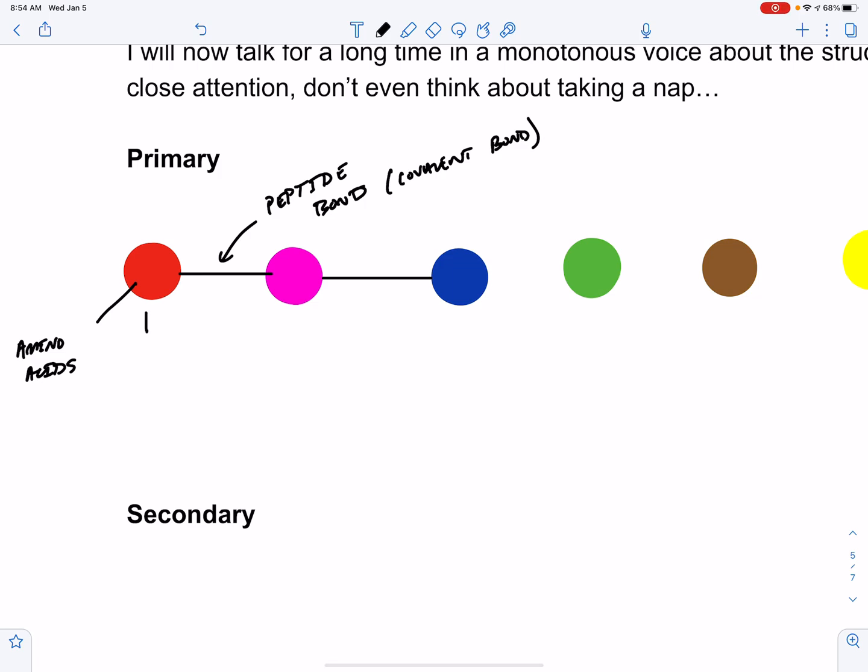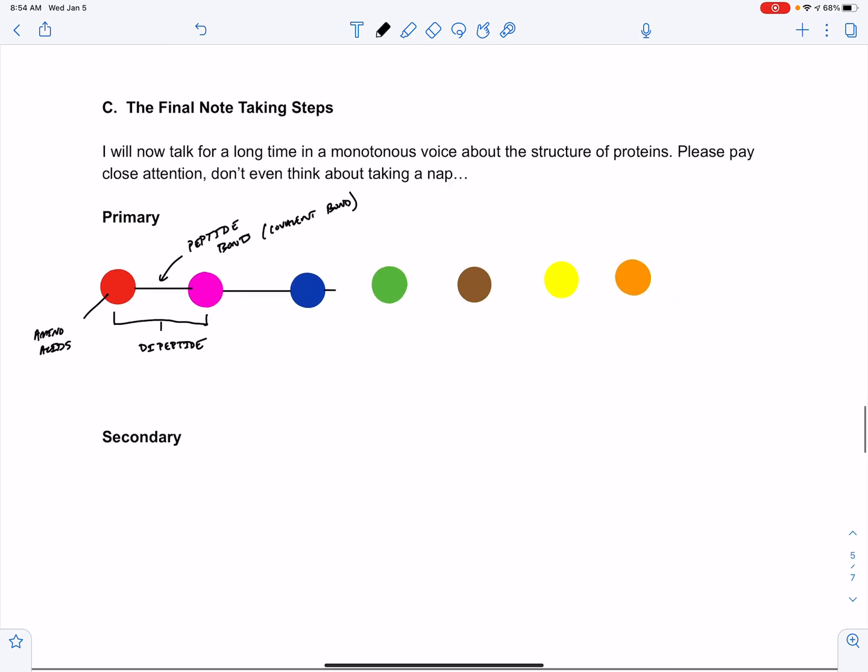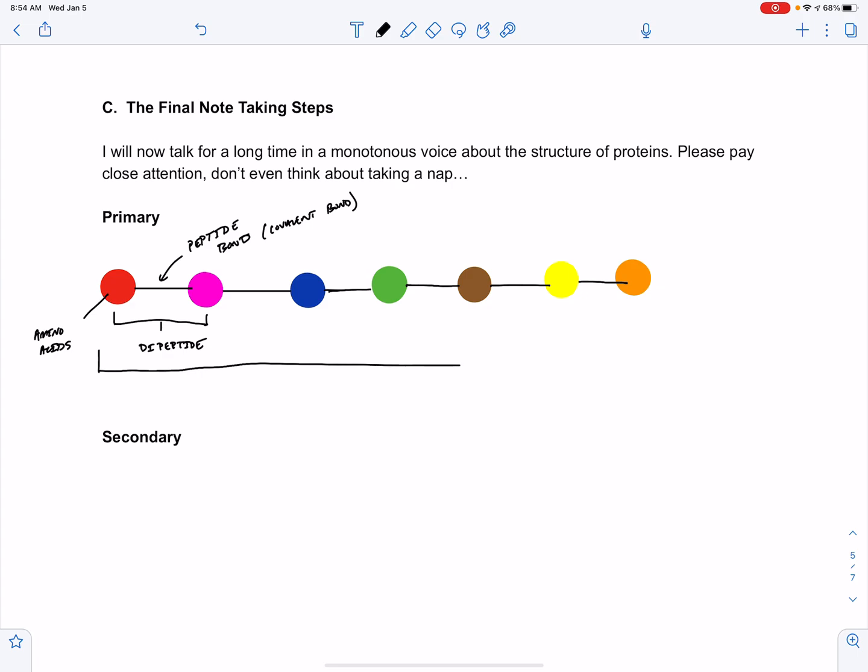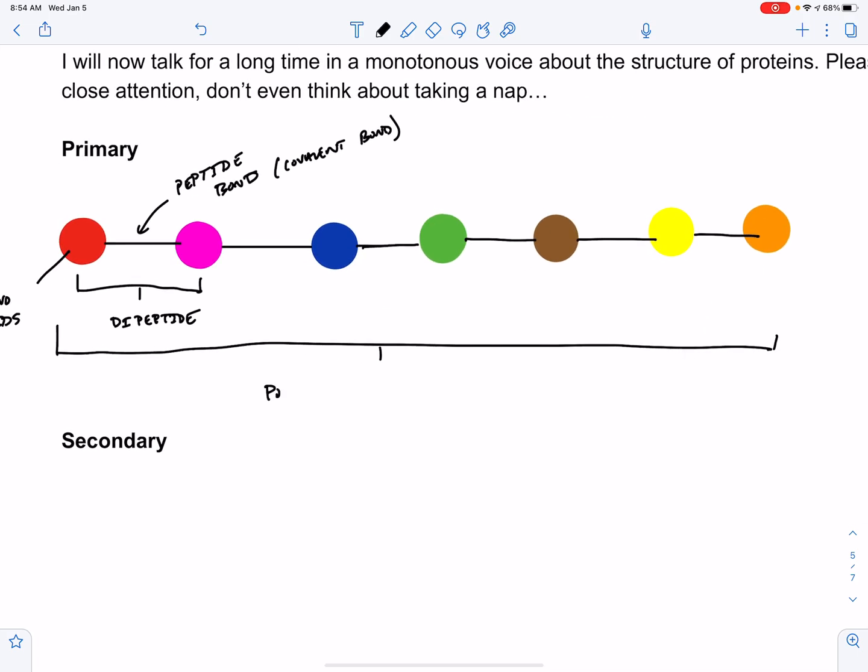When two amino acids are joined together through a peptide bond, we call this a dipeptide. And when we join a long chain of them together, we call this long chain of three or more a polypeptide.